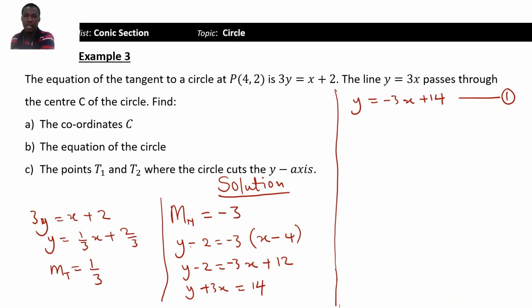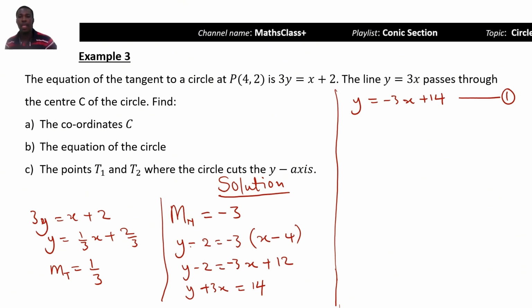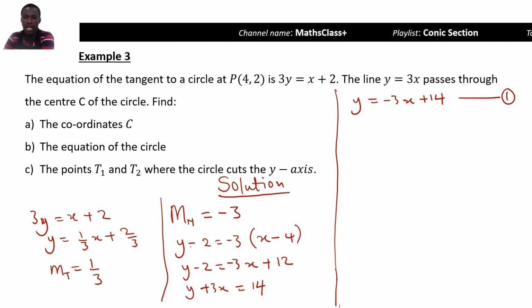Now let's remember that the normal passes through the point of contact to the center, and we have been given another line that also passes through the center, y = 3x, which means that these two lines intersect at the center.